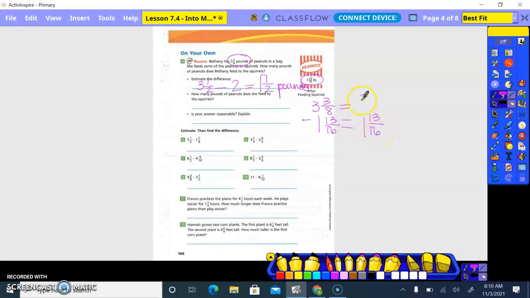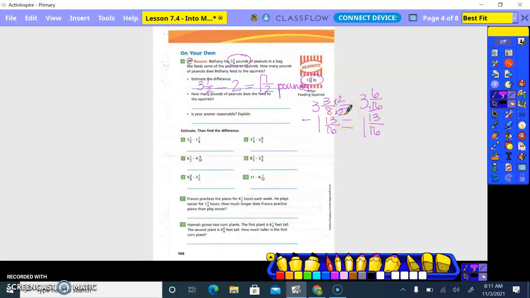Okay, and then 3 and then over 16. How do you get from 8 to 16? Times 2. What you do on the bottom, you do on the top. So 3 times 2 is 6. And our times 2 should have been down here.